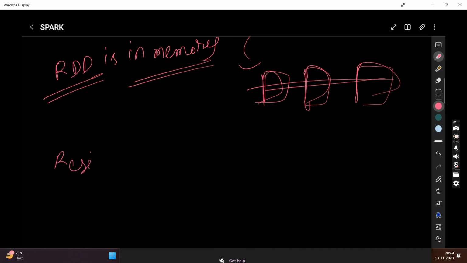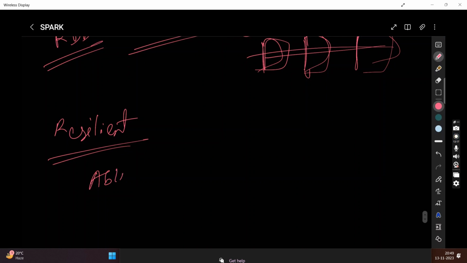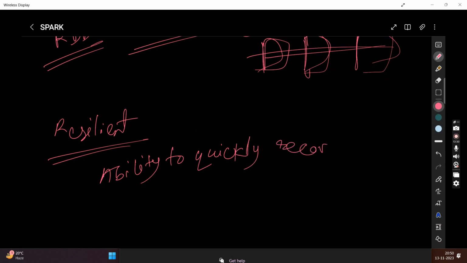And in a more layman way, it is the ability to quickly recover from failures. This is our definition of resilient: fault tolerance, the ability to recover from failures.